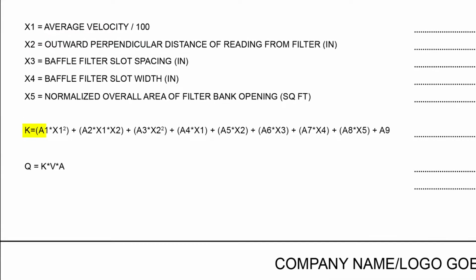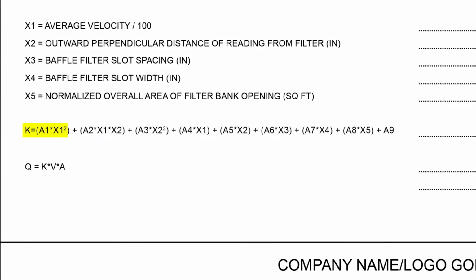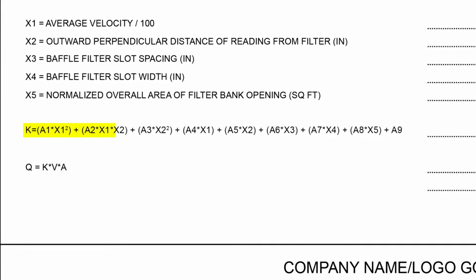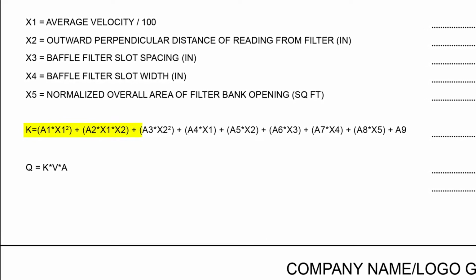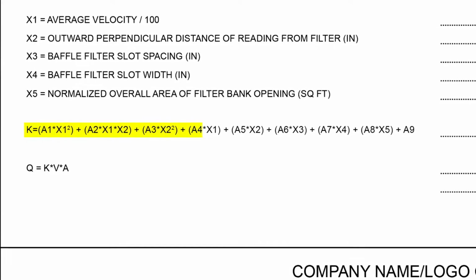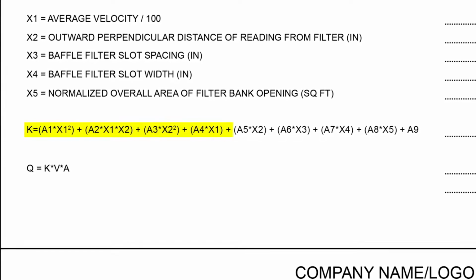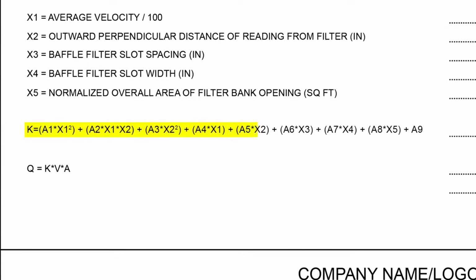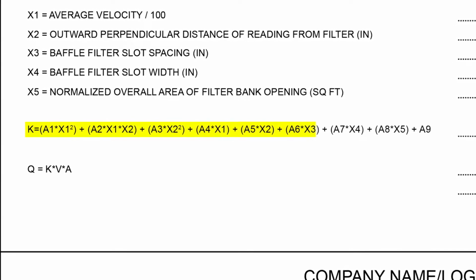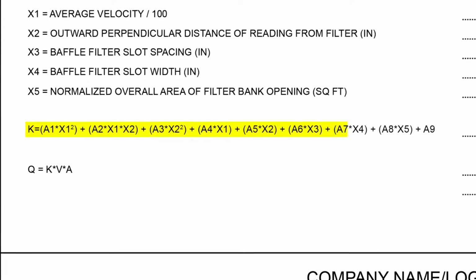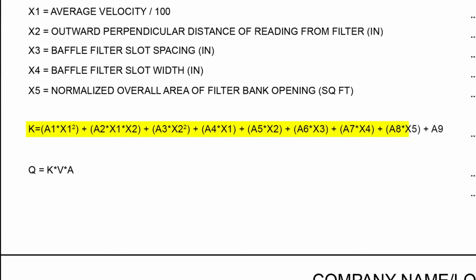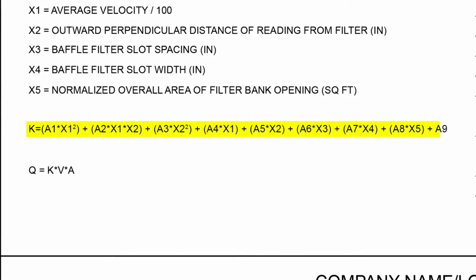K equals A1 multiplied by x1 squared plus A2 multiplied by x1 multiplied by x2 plus A3 multiplied by x2 squared plus A4 multiplied by x1 plus A5 multiplied by x2 plus A6 multiplied by x3 plus A7 multiplied by x4 plus A8 multiplied by x5 plus A9.